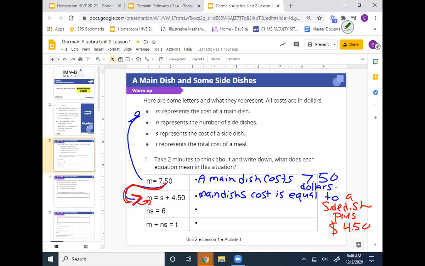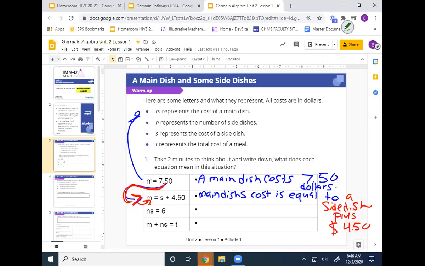So now if we're looking at the third one, NS is equal to 6. What does NS mean? Abby, what do you think NS means? The number of side dishes. So the number of side dishes, good. But what operation is happening there?